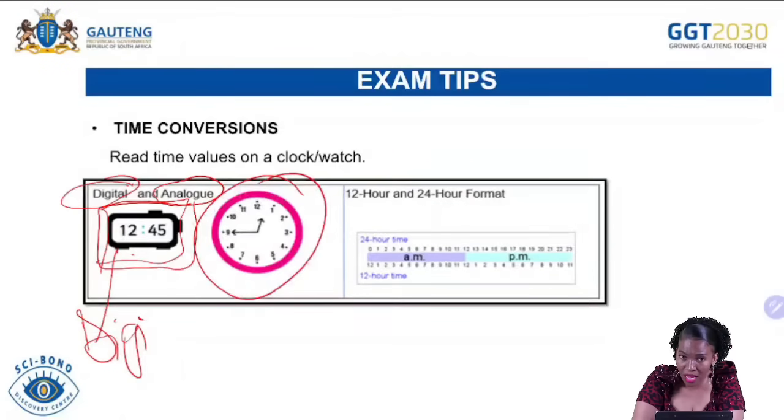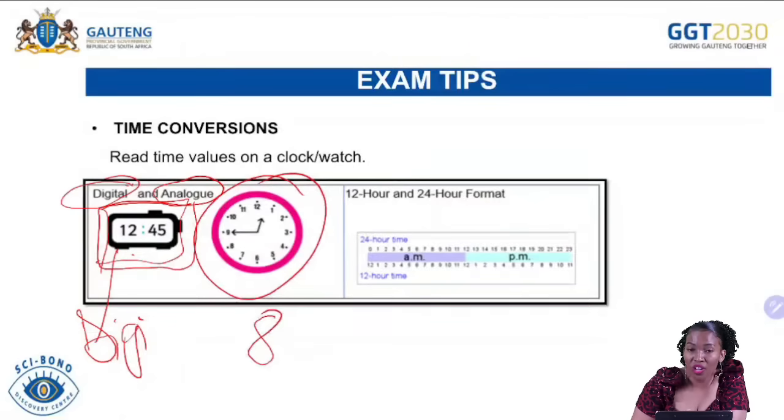And then the time format, the way in which we write the time, we can write it in 12-hour format, or we can write it in 24-hour format. The 12-hour format, it uses the values from 1 to 12. Whereas the 24-hour format, it uses the values from 0 to 23. Now, with the 12-hour format, 8 o'clock is 8 o'clock.